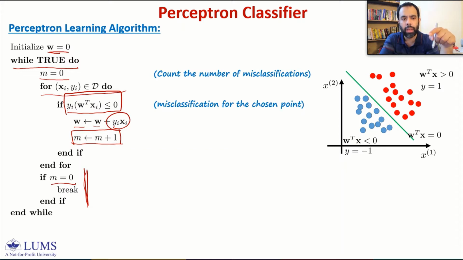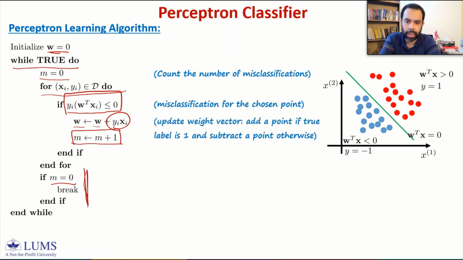If the associated label for the point for which we have misclassification is minus 1, we simply subtract that point from the weight. And this is a simple perceptron learning algorithm. So we update the weight vector, add a point if the true label is 1, and subtract a point otherwise.